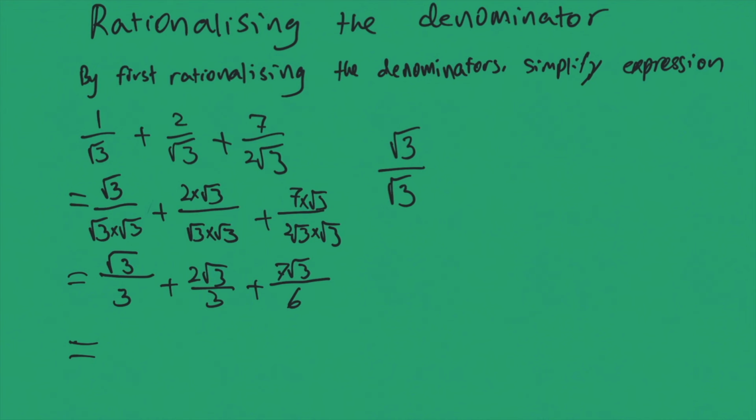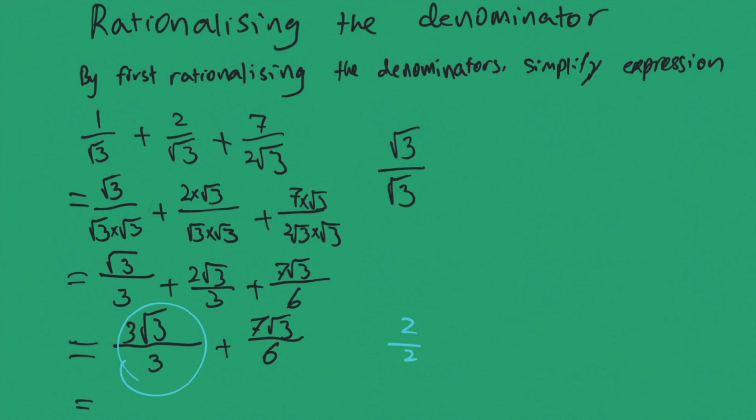We can simplify the first two terms first. We add the numerators together, 3 square root 3, and we leave the last term for a second. In order to make the denominators the same, we can multiply the first term by 2 over 2, which equals 1, so the sum is not changed.